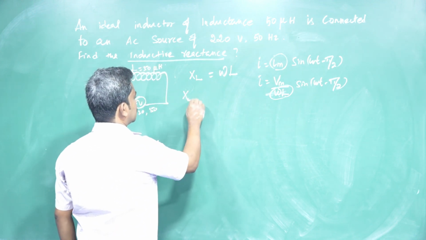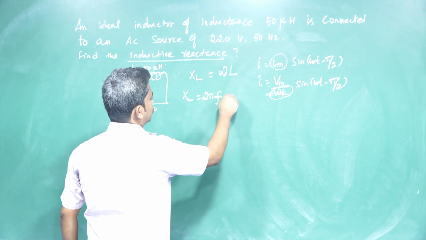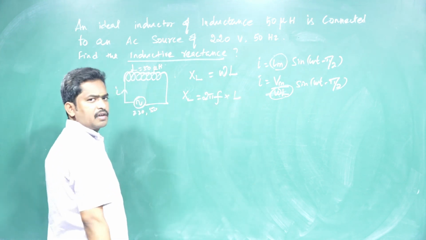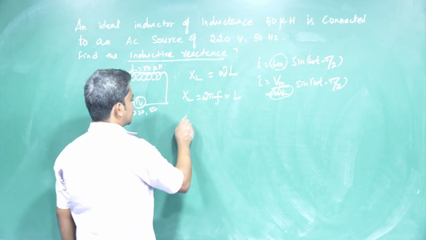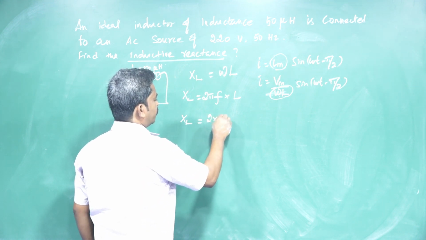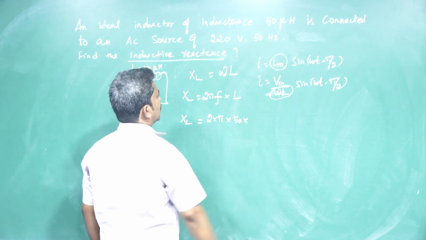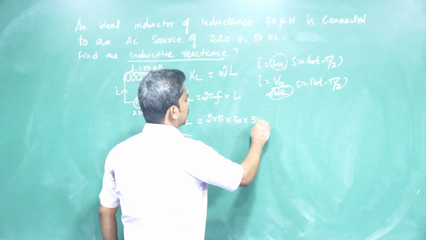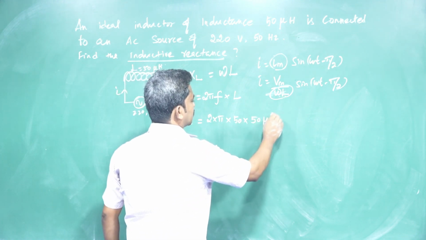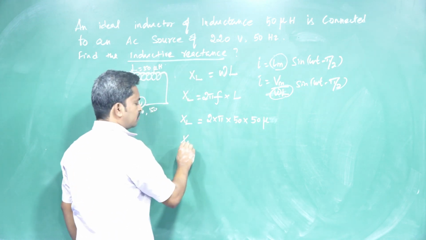So XL is equal to 2 pi f into L. XL is equal to 2 into pi into 50, the f value, into 50 microhenry, the L value. Micro means 10 power minus 6.